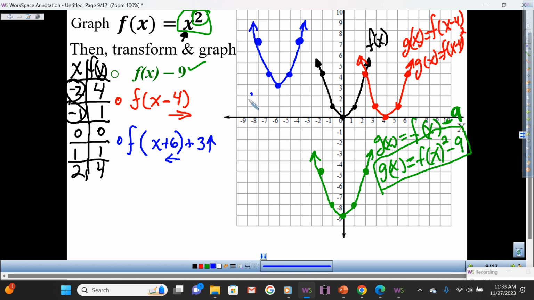And that one we're going to label g of x, which becomes g of x equals to what? Write the final function for that blue one. And then I think Vianney's got this one. Very good, Vianney.